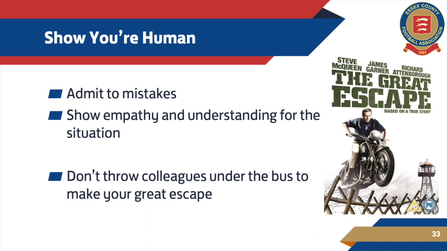But also, really, really important as you get to the higher levels of the game, don't throw your colleagues under the bus to make your great escape. You'll hear so many different stories at the high levels of the game of the referee saying, "Oh, my assistant gave me that decision," just to try and get a higher mark from the observer. You're the leader of the team at the end of the day. Take that responsibility on board. Even if your assistant referee has given you the penalty decision, you're the referee.